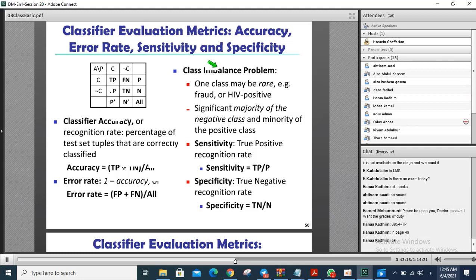So in such cases, we define some more measures. One of them is sensitivity. Sensitivity means the total number of true positive records divided by the positive records.